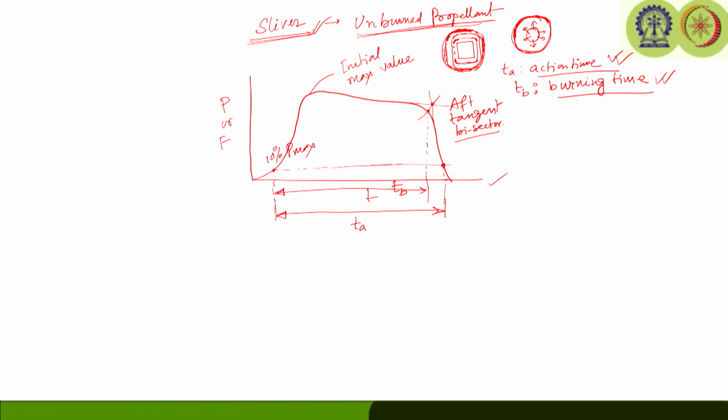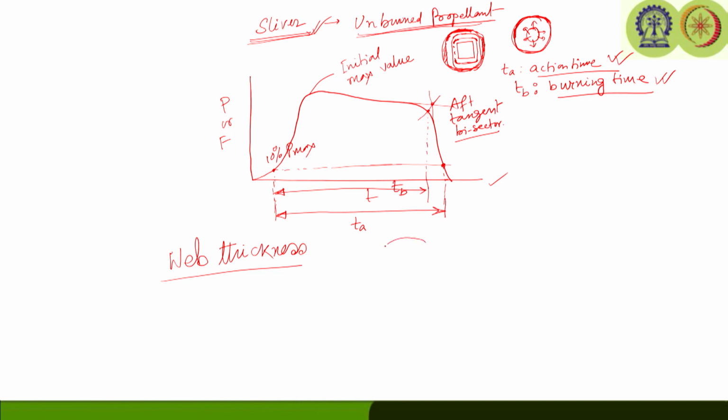Now, there are other terminologies which are very often used in the design of the rocket, like web fraction, web thickness, and volumetric loading. Let us look at what the web thickness is. Web thickness is defined as the minimum thickness of the grain from the initial burning surface to the insulated case wall.